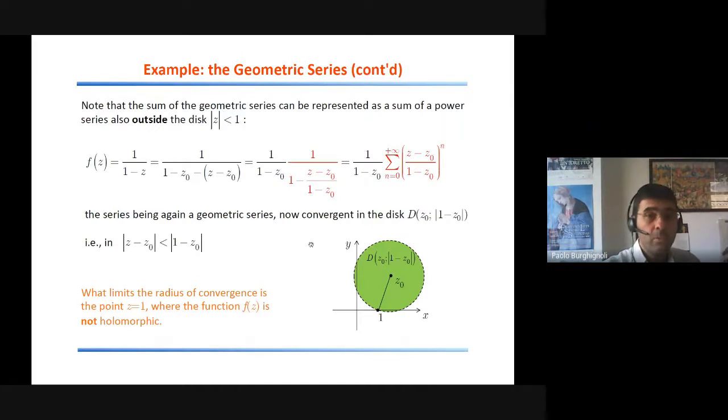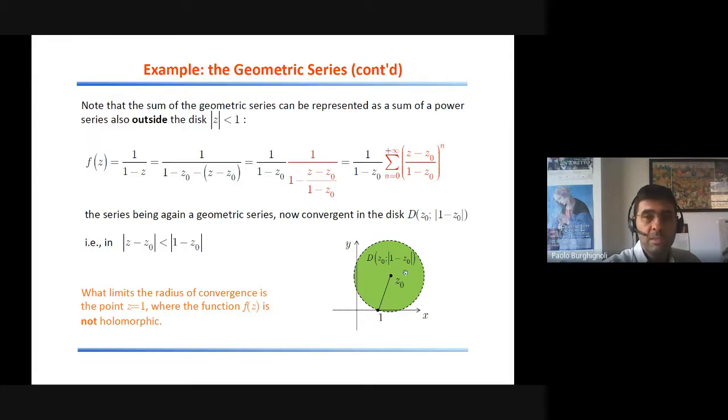For example, you could manipulate the sum 1 divided by 1 minus z to show that it is actually possible to represent the same function as a different power series, having as initial point any arbitrary number z0 different from 1, as you can see in the drawing here at the bottom.